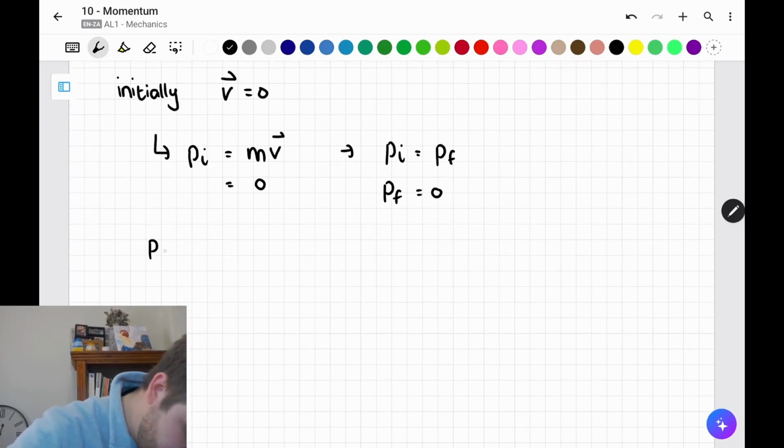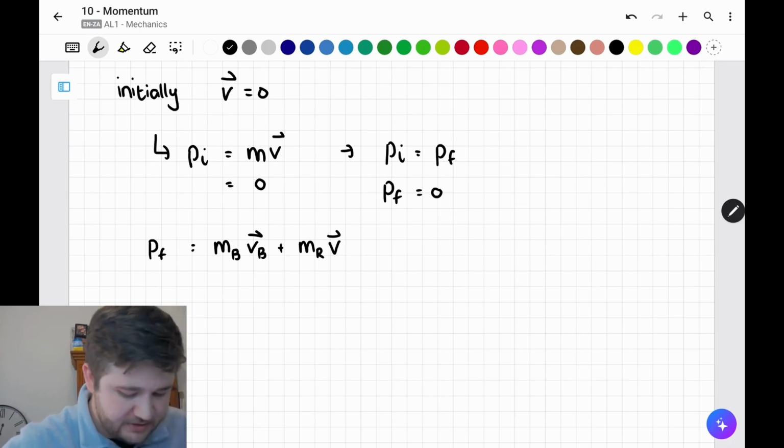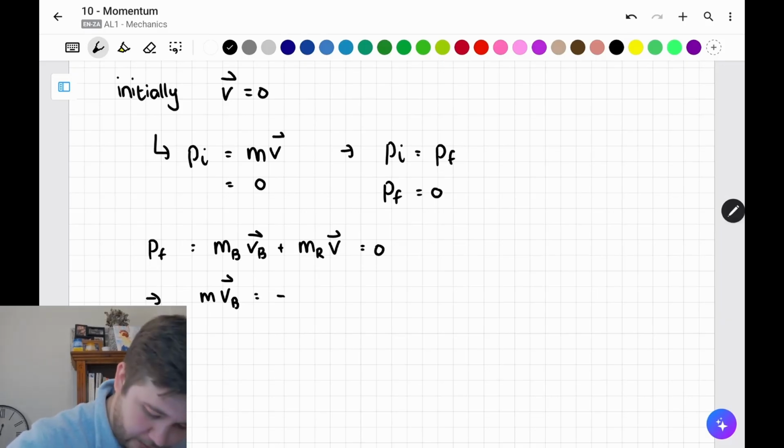Our final momentum is defined as the mass of the bullet multiplied by the velocity of the bullet, plus the mass of the rifle and the velocity of the rifle that we are solving for, which I will call V. This should equal zero. Therefore, the mass and the velocity of the bullet should equal, but in the opposite direction, the mass and the velocity of the rifle.